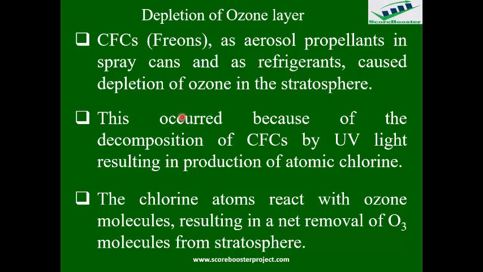So it has reduced ozone to oxygen. These chlorine and oxygen compounds are not stable. They decompose again. This one atom of chlorine that has done a first damage will go back to attack another molecule of ozone. So in that case, there is removal of ozone from the ozone layer.